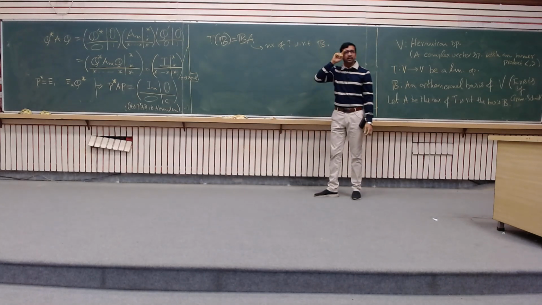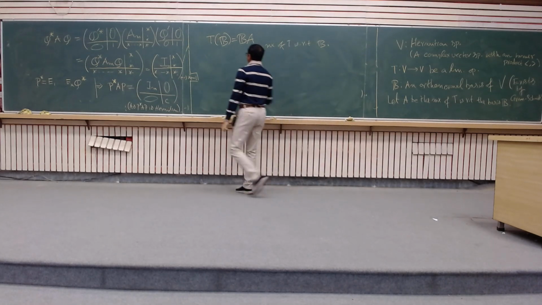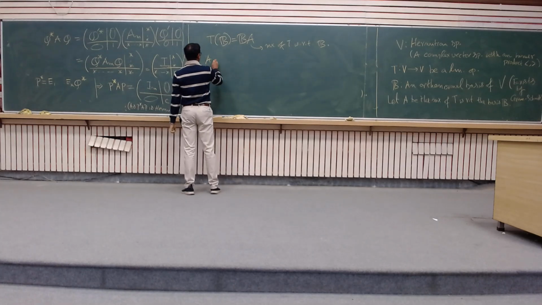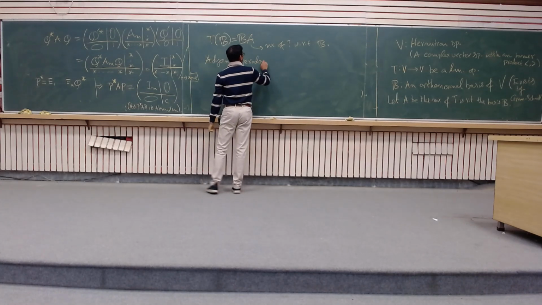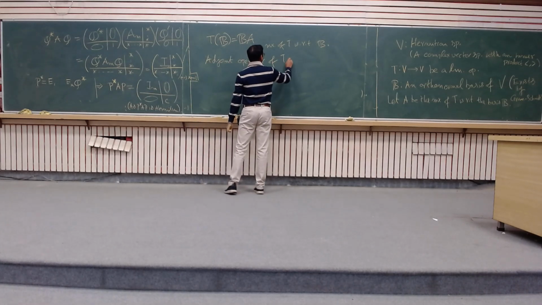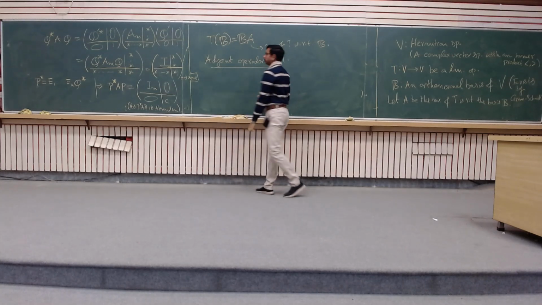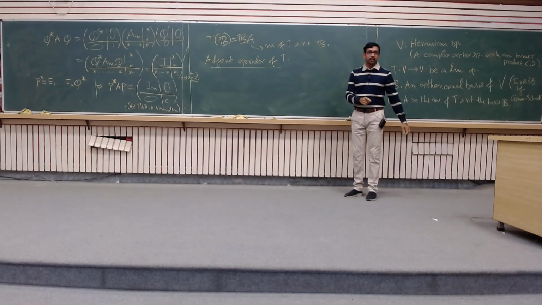Now we are going to define the adjoint operator of T. So we know what adjoint matrices are.